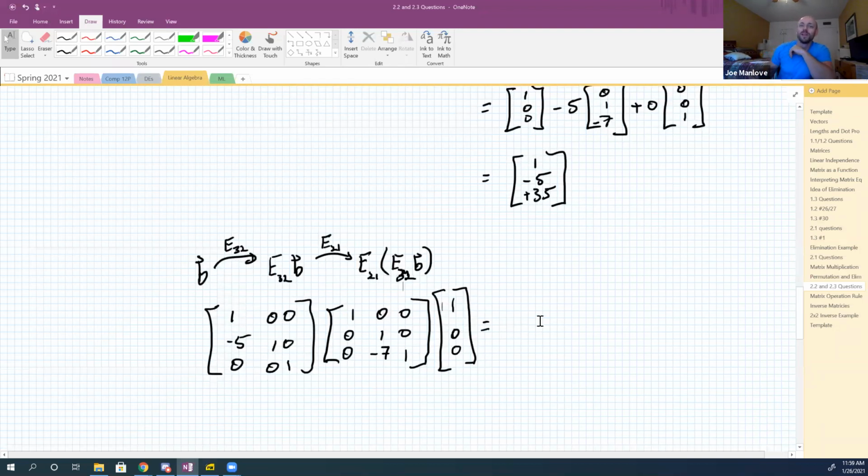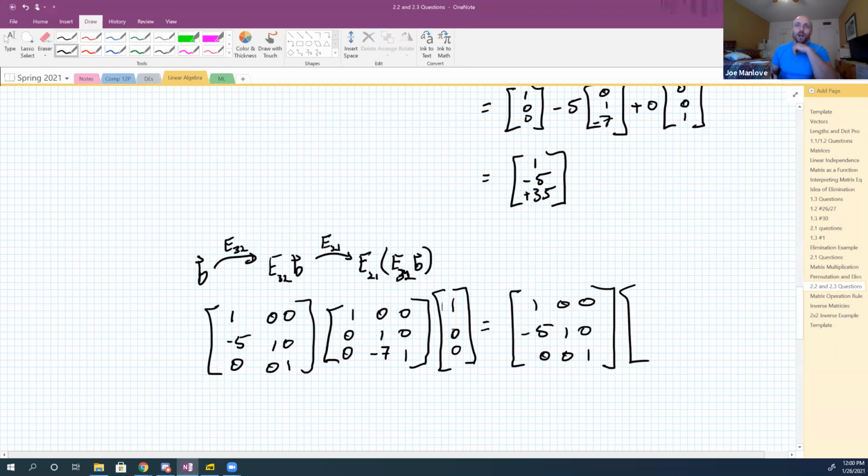All right, so if I actually compute this, I should be able to see that those things are different. If I take my 1, 0, 0 vector and feed it into my E32 function, I get my first matrix, I'm just leaving that one alone.